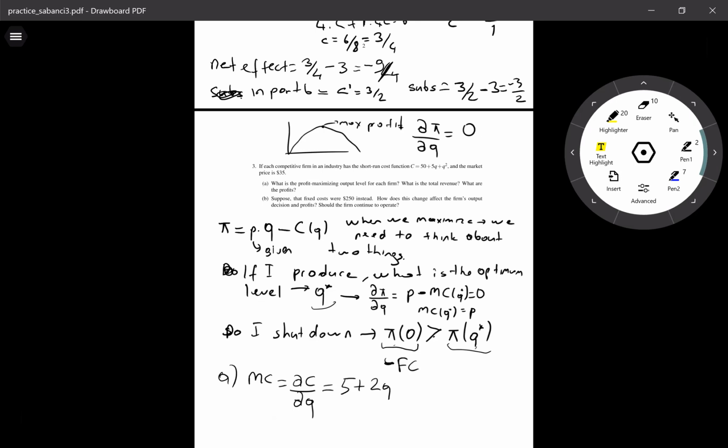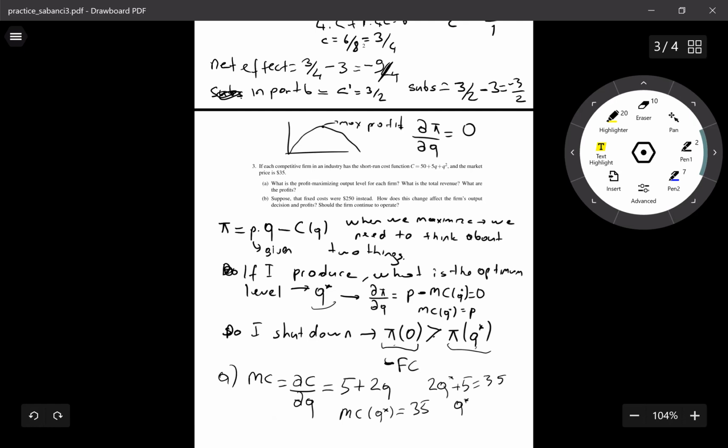So marginal cost at Q star is equal to 35: 2 times Q star plus 5 is equal to 35, so Q star is equal to 15.